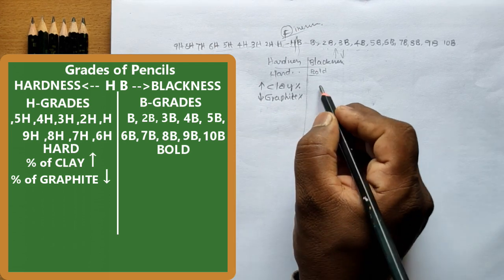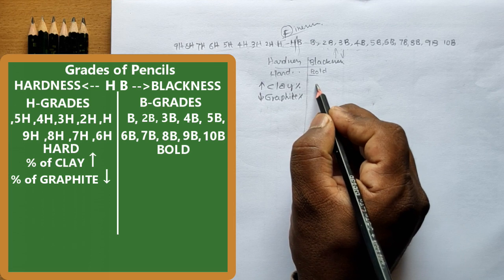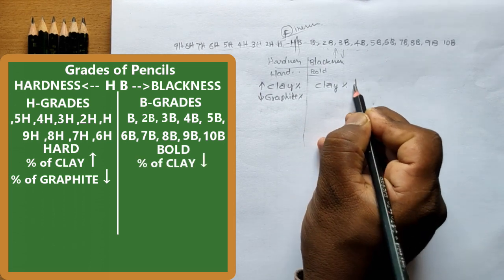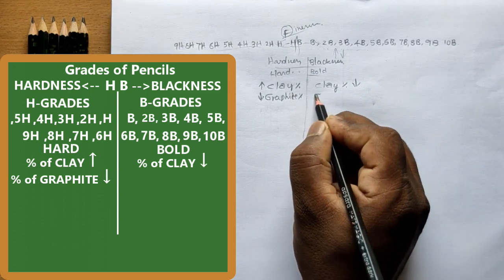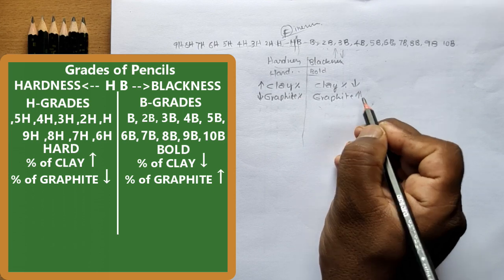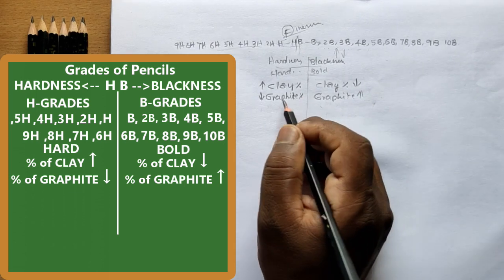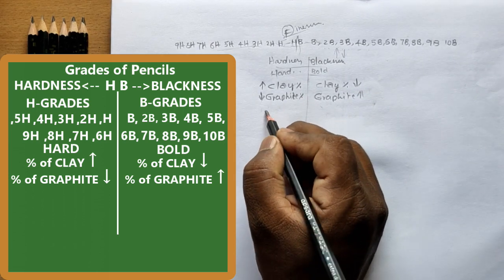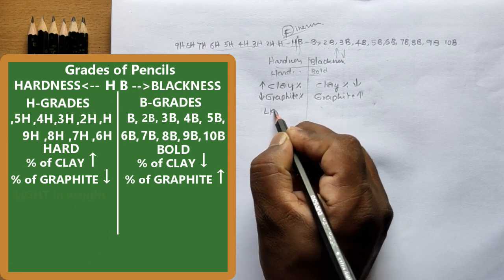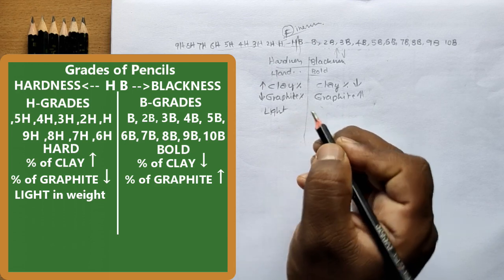In B category pencils, the percentage of clay is reduced and the percentage of graphite is increased. When the clay increases, the weight of the lead is reduced, so these pencils are very light in weight.